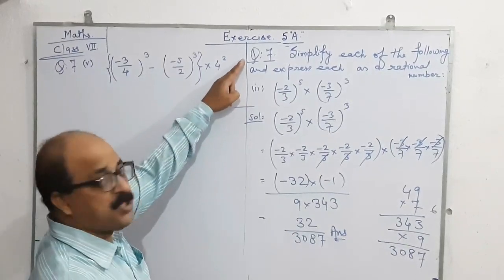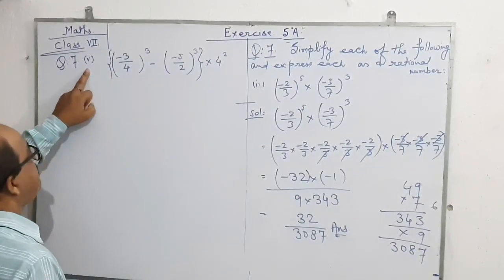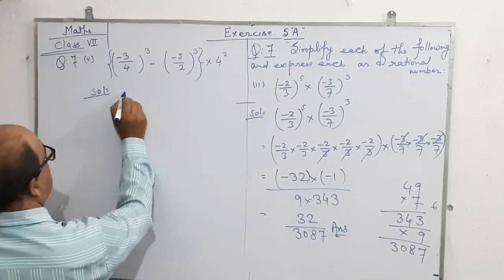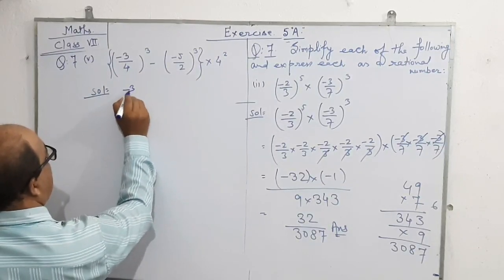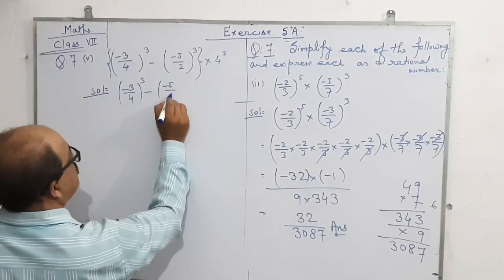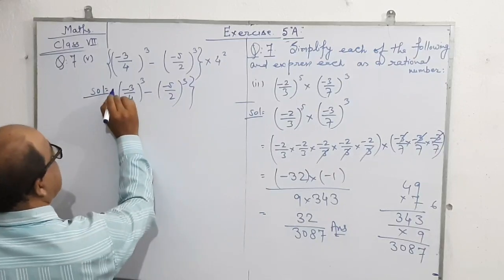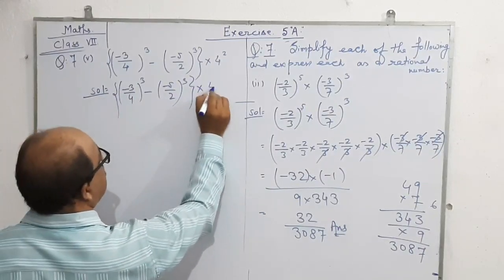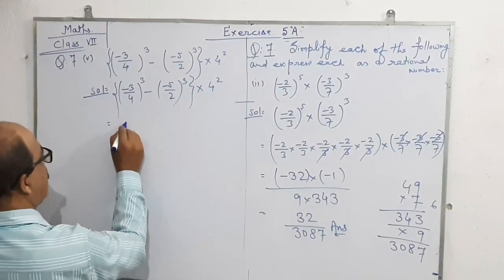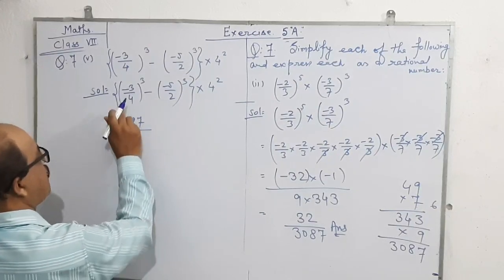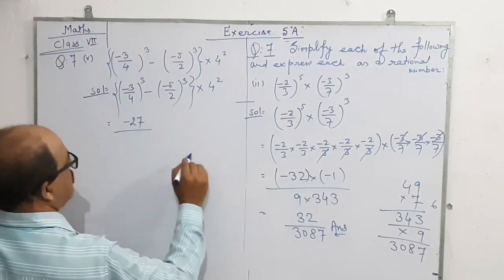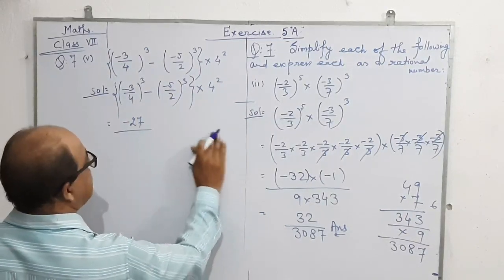Here, question number 7, the fifth one. Solution: minus 3 by 4 will be multiplied 3 times, and minus 5 by 2 will also be multiplied 3 times, and 4 squared. This is the question which I have written. 3 threes are 9, 9 threes are 27, minus 27 by 4 fours are 16, 16 fours are 64.